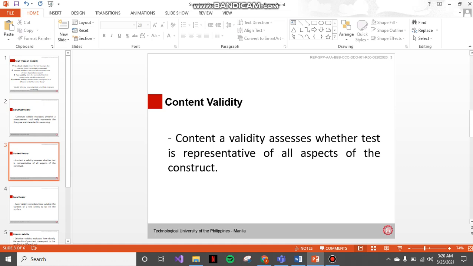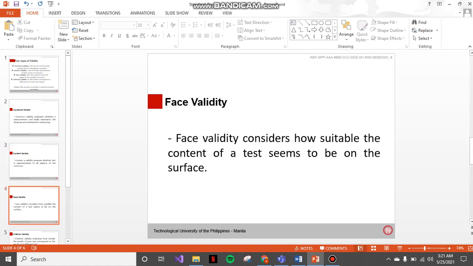Similarly, if the teacher includes questions that are not related to algebra, the results are no longer valid to measure the algebra knowledge of the students. I hope you get that one. And let's move on to the next one.